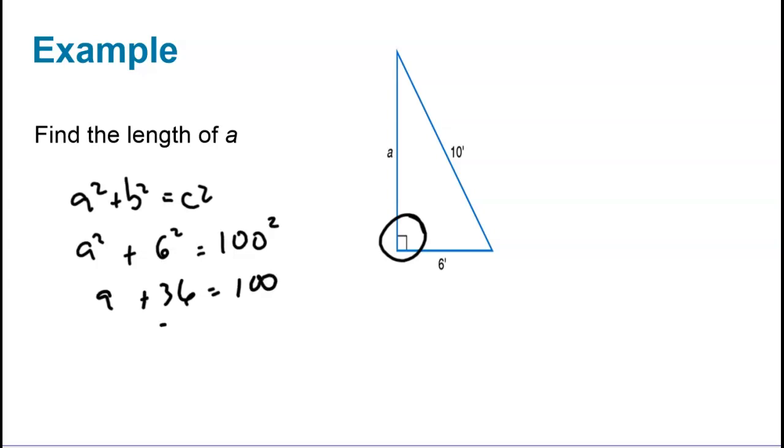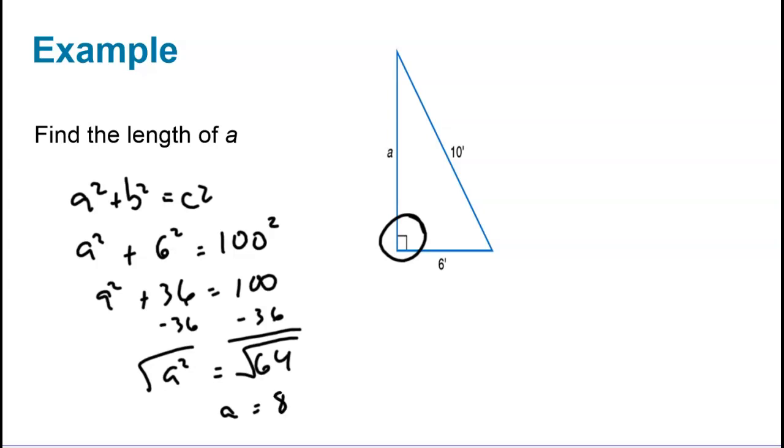Get a by itself. Bring down a squared equals 64. We want to get that a by itself and not under an exponent. The square root of 64 is 8 times 8, and so a equals 8.